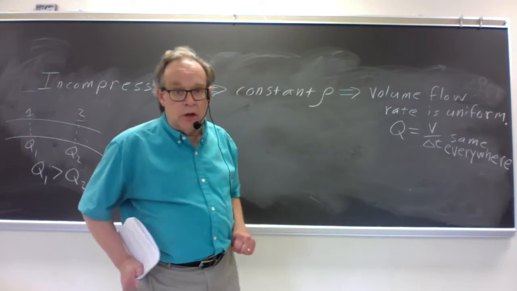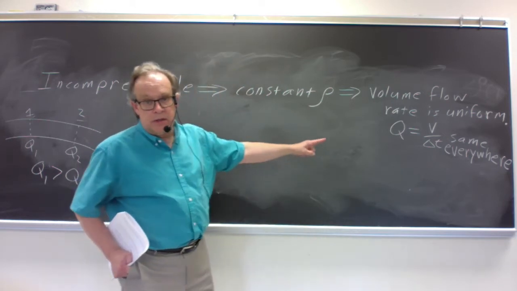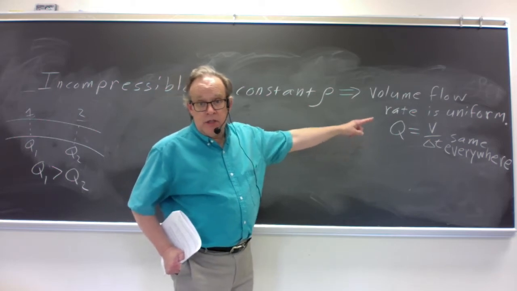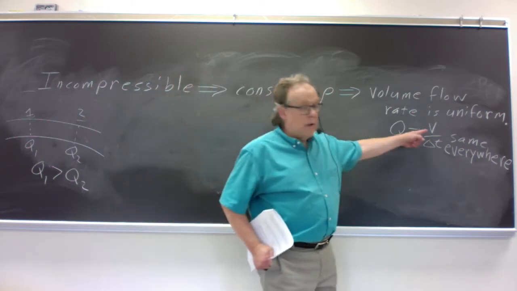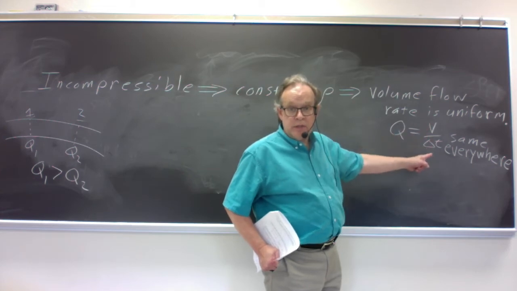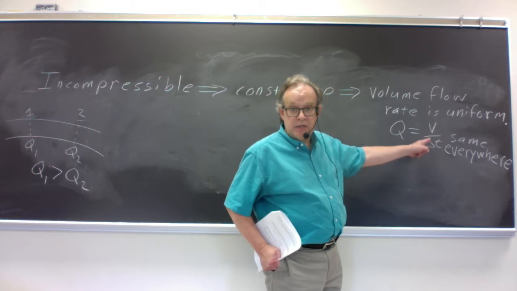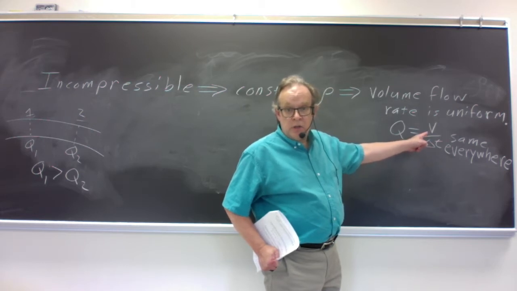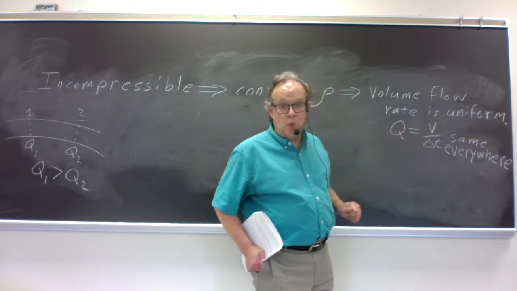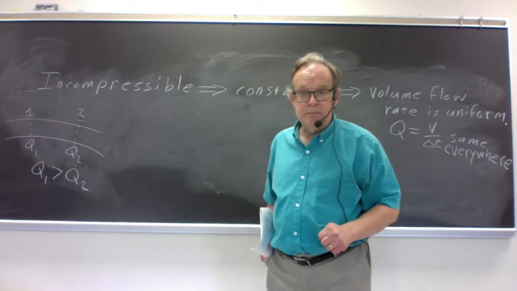The definition of volume flow rate is this. Use capital Q for a volume flow rate, and it's just the volume of liquid flowing past some point in this much time. This is the amount of time it takes for this much of a volume of liquid to flow past any one particular point.